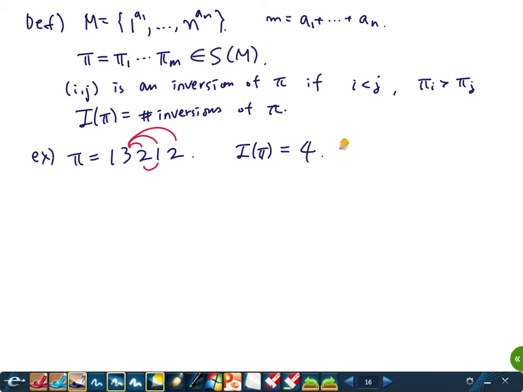And we're going to define the q-multinomial coefficient. It's called q-multinomial the same way.